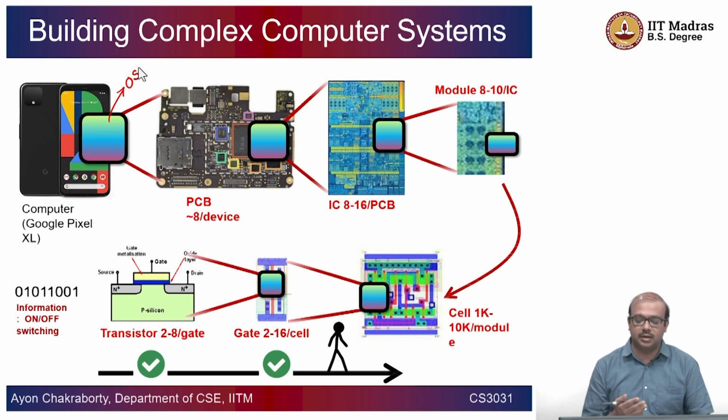Although we have shown here various kinds of stages, like a PCB that is broken up into integrated circuits, that broken up into modules, and that broken up into cells and so on, the main takeaway point is this: whenever we are trying to build or design a complicated computer system, you need to think in terms of how you can disintegrate it into simpler components, and you should have a ready-made recipe to build those simpler components, right?